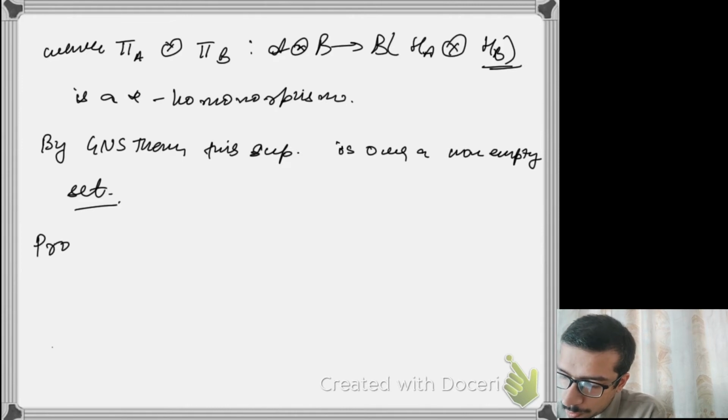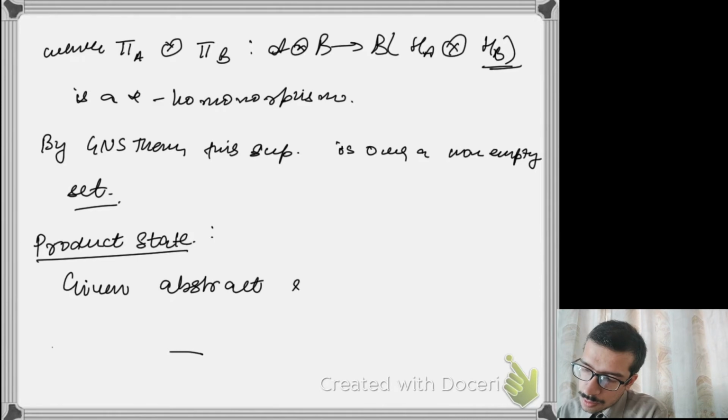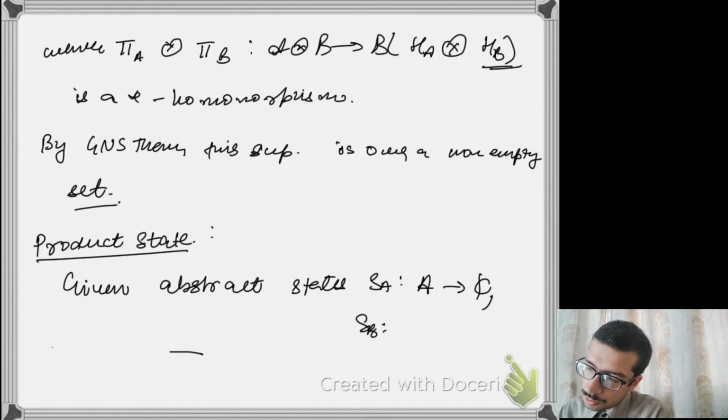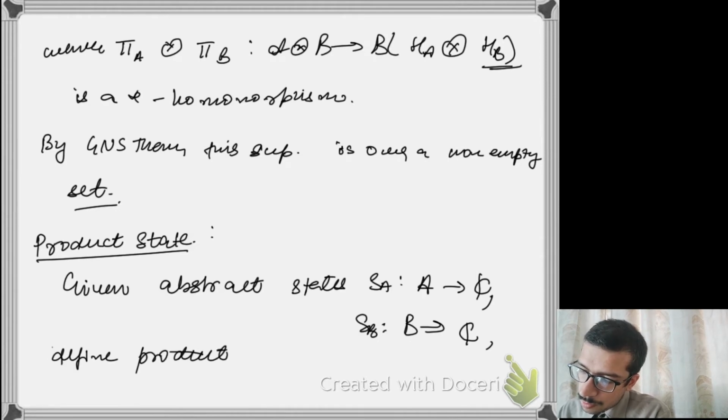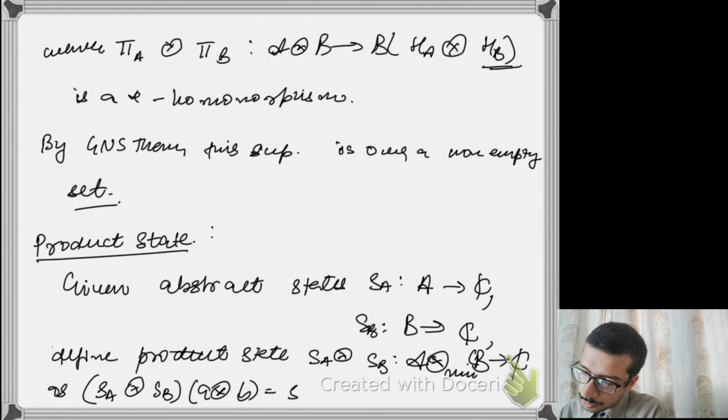And now we come to the notion of a product state. Given abstract states SA from A to C and SB from B to C, we define the product state SA tensor SB from A tensor min B to C as SA tensor SB of a tensor b equals SA of a times SB of b.